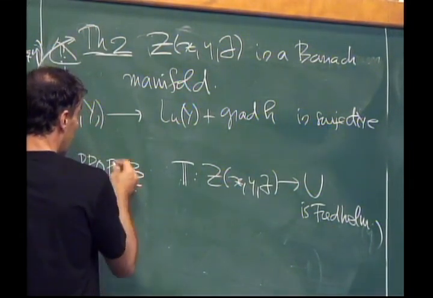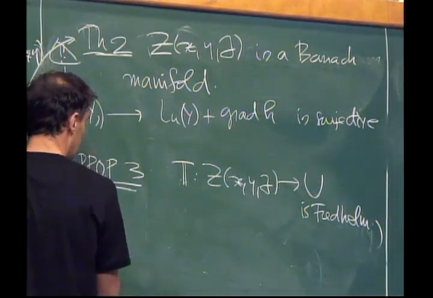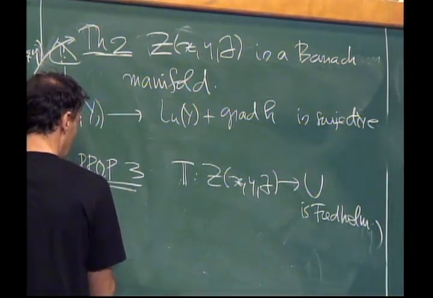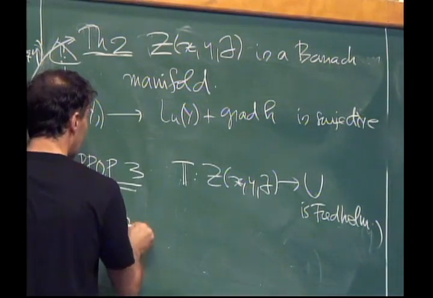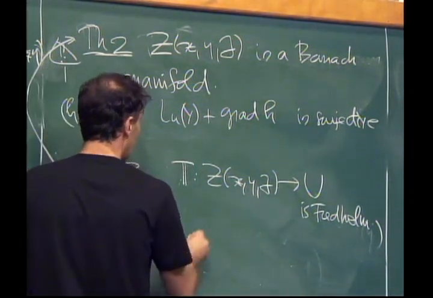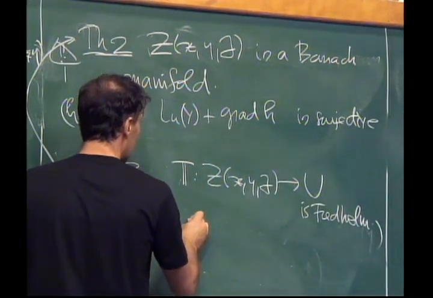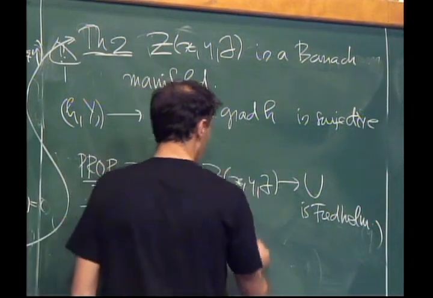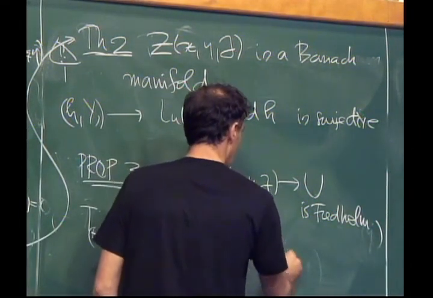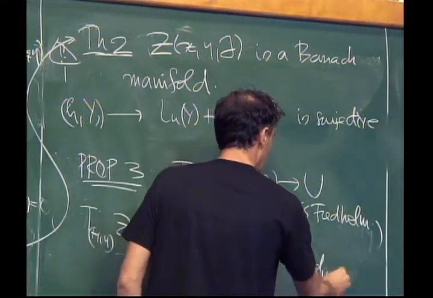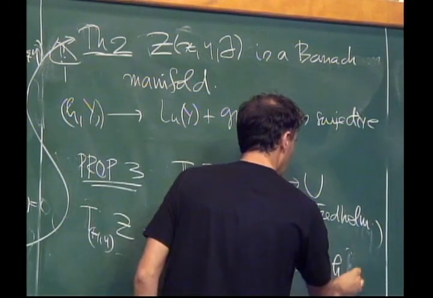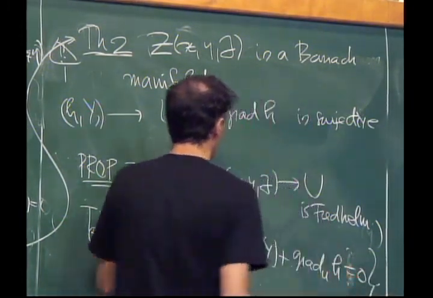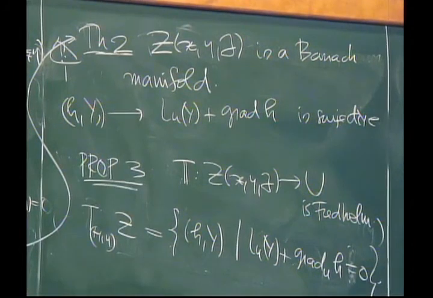If you look at the tangent space here, the tangent space in (H, u) of Z, it's exactly the couples (h, y) such that, according to this, just the kernel of this differential, of course.